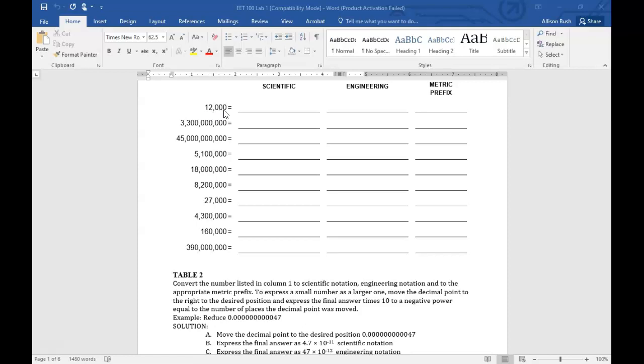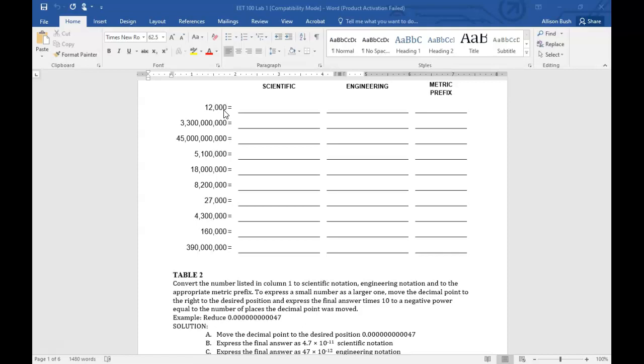Scientific should be looking at 1.2 times 10 to the 4th.